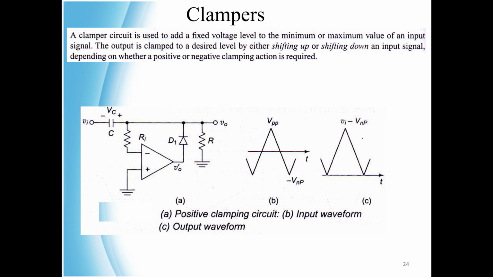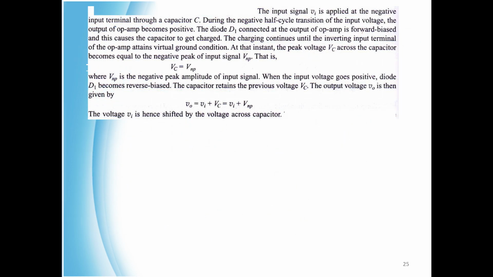So this is the circuit diagram of a positive clamping circuit. So this is the input waveform. Output waveform is shifted up. The input signal VI is applied at the negative input terminal through a capacitor C. During the negative half cycle of the input voltage, the output of the op amp becomes positive.